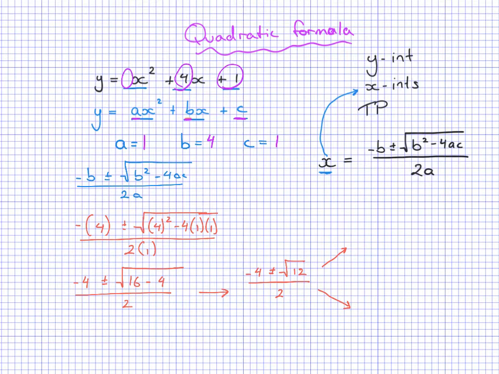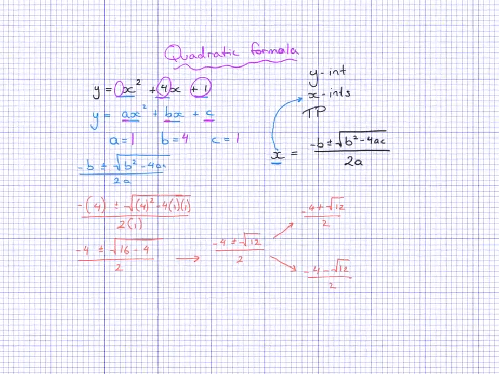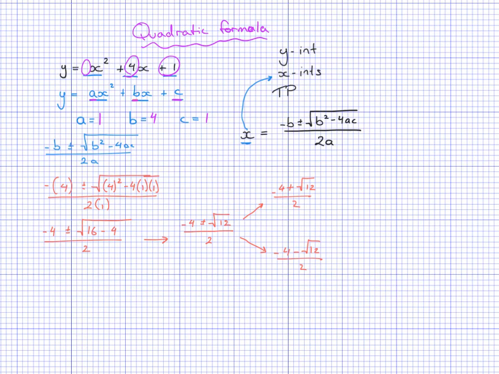So my two solutions are minus 4 plus root 12 over 2 and minus 4 minus root 12 over 2. If I was asked to sketch, I would just have to label where those points were on the graph. Because 12 is not a perfect square, I don't have to evaluate it as a decimal, I leave it as a surd. And that's probably the best way to do it.